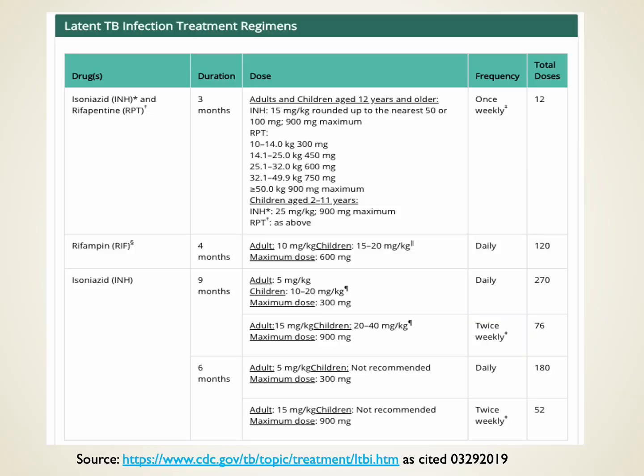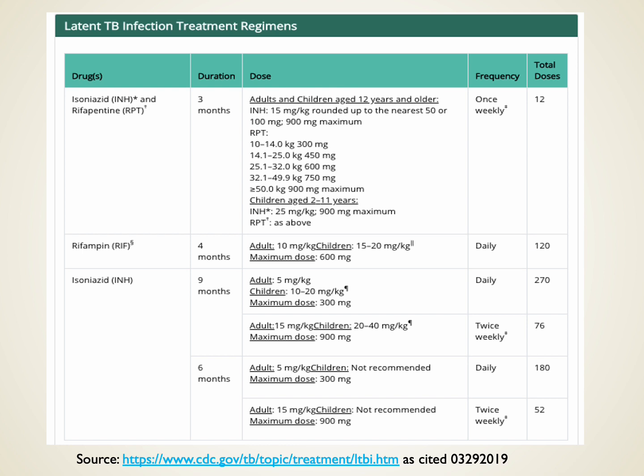This slide reviews the recommendations from the Center for Disease Control for managing latent TB infections. Typically you'll see different regimens here, and some of these regimens, the once weekly or twice weekly regimens, have to be what's called directly observed therapy regimens. These regimens are really limited to patients who are directly observed taking their medication as indicated, and these might be caseworkers, for example, working with a homeless population or a population who otherwise are not necessarily reliable to take their medications exactly as prescribed.